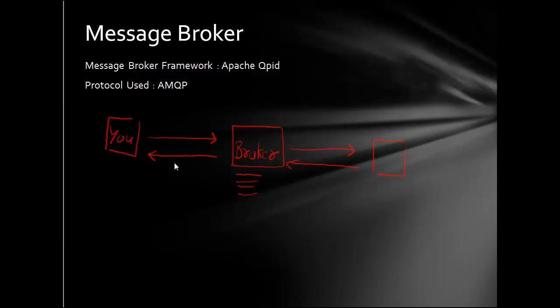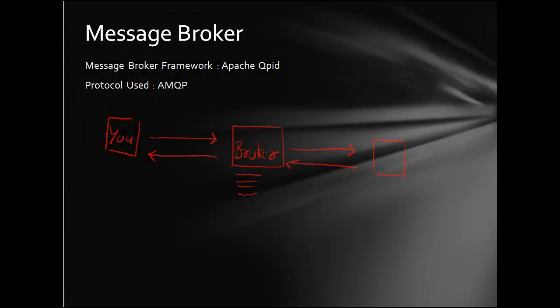The same thing happens in our computer world or IT world. If one application wants to connect with another application, normally this first application does not go by itself, right?